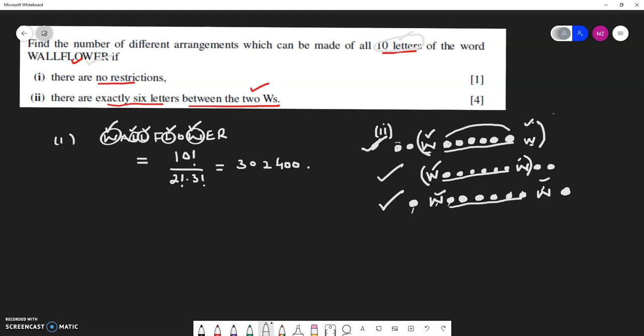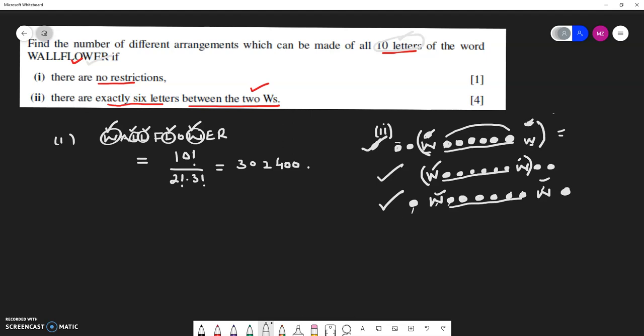As you can see, the W's are fixed, so there is no need to take these W's into account. How many letters are left? If you exclude these two W's, because their position is fixed, we need to just permute the other 8 letters.